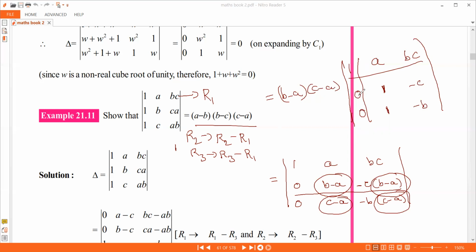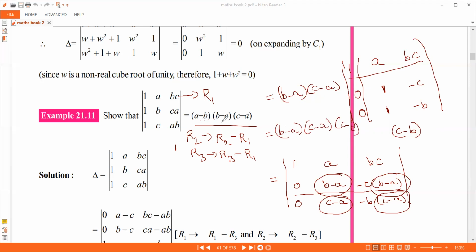Now evaluate this along the first column. Only the first column. That's sufficient. So it is minus B plus C. I have C minus B. This is the value of the determinant. So it is (B minus A)(C minus A)(C minus B). So what is asked?